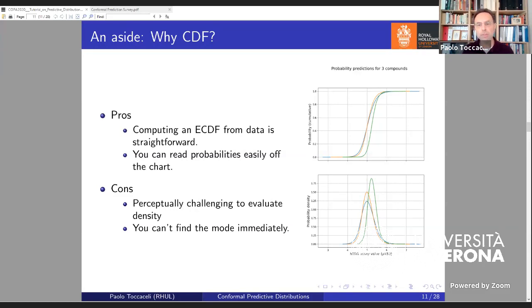However, there are also some cons. If you're interested in rapidly identifying the modes, so the values with highest probability density, this is rather difficult from the CDF because there is a perceptual problem of evaluating the steepness of the slope.